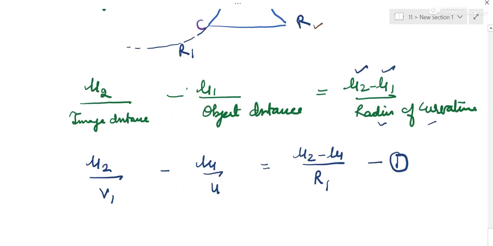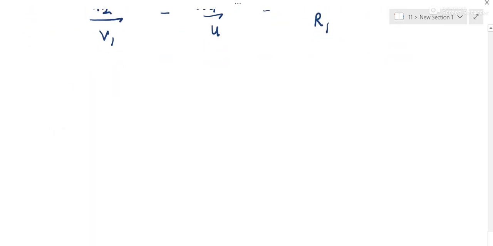So we can write these things down. The second refracting surface is PQR.